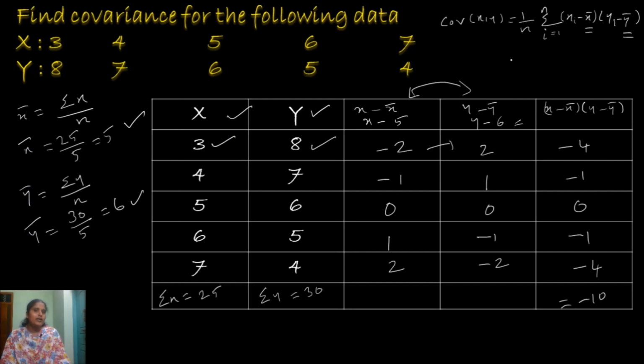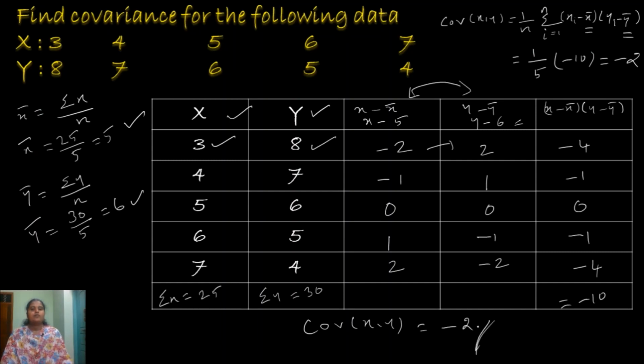So covariance between the two variables x comma y is calculated by 1 over n, total number of values 5, the sum of all values of this product is minus 10, that is equal to minus 2. So the covariance of x and y for this problem is minus 2.